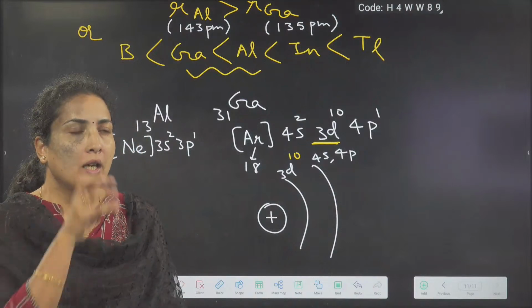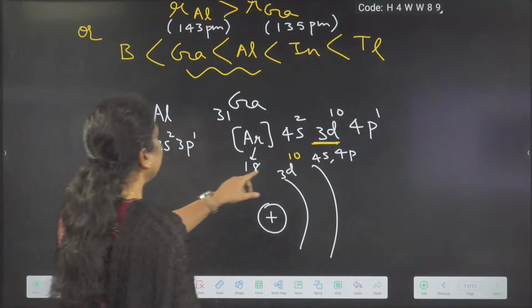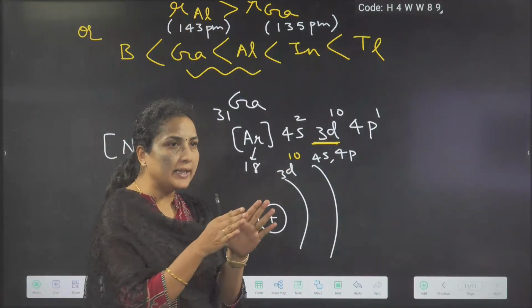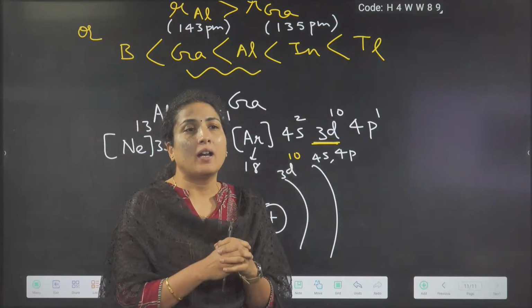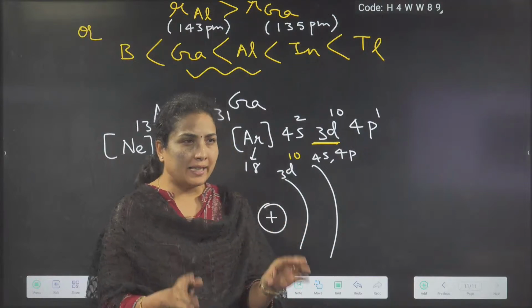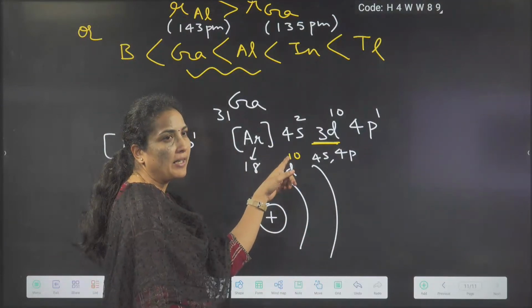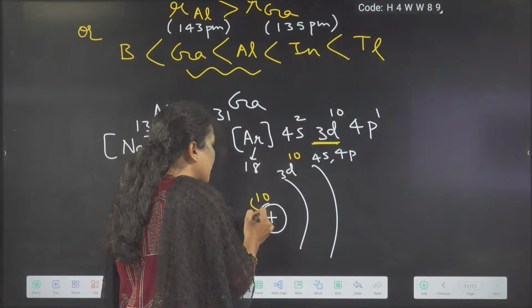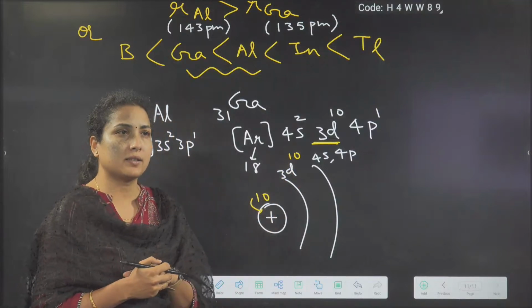So are you able to realize that 10 electrons got added in the 3d subshell, right? Now, as an atom is electrically neutral, if 10 electrons are added here, additional 10 protons would have got added in the nucleus.